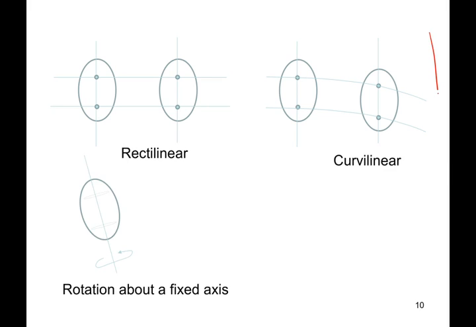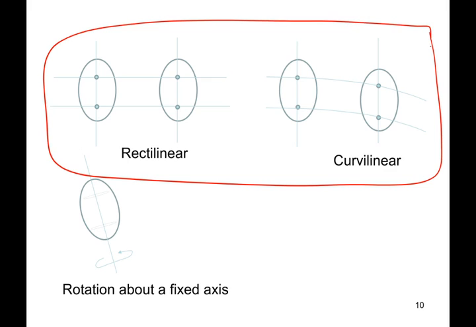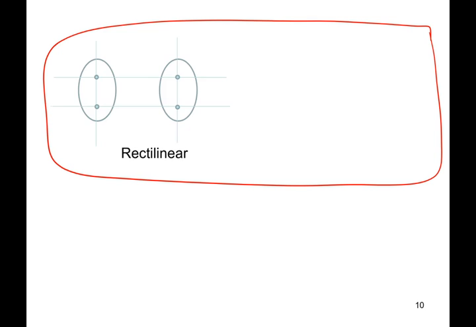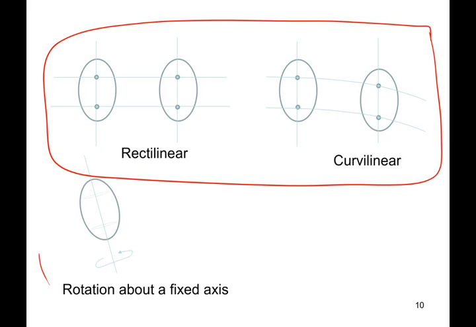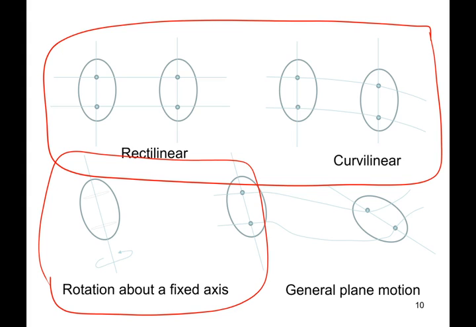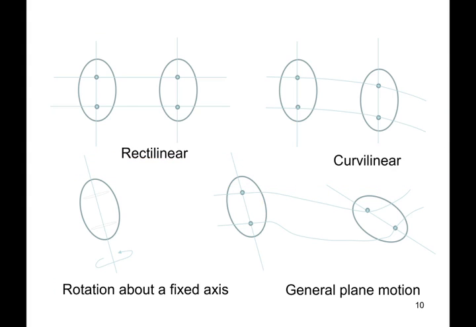The first two are the motions we just talked about, rectilinear and curvilinear, the translational motion. And the rotation about a fixed axis is the motion we are going to talk about now, right?